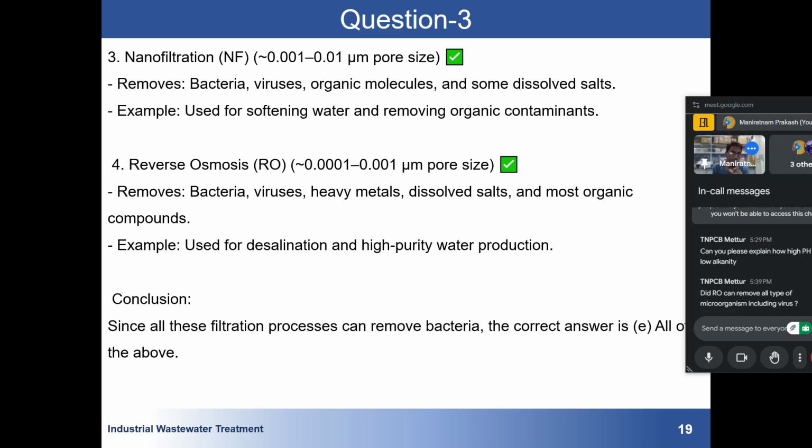That's why there is the concept of, you might have heard of this filter, double RO, single RO, this type of thing. In reverse osmosis, all the water will be passed here.